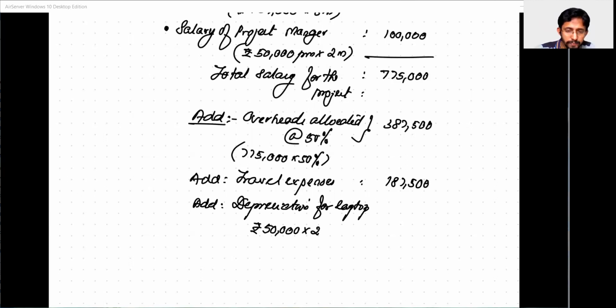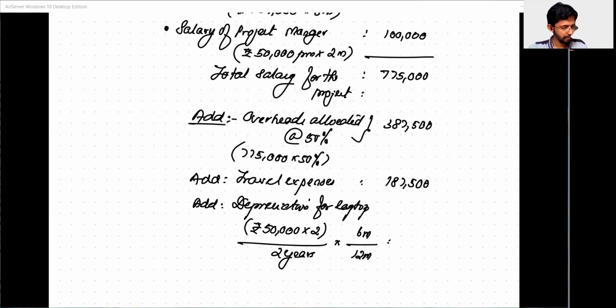And its useful life is 2 years. Now here you are using it only 6 months for the project. So 1 lakh divided by 2, divided by 12 into 6, that is 25,000.